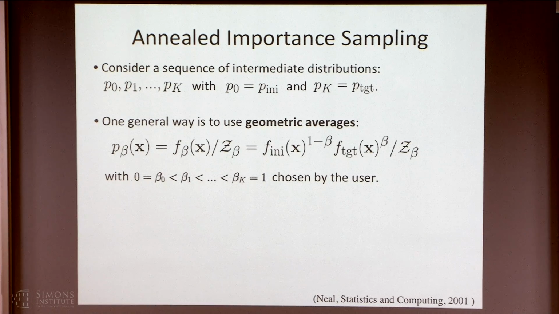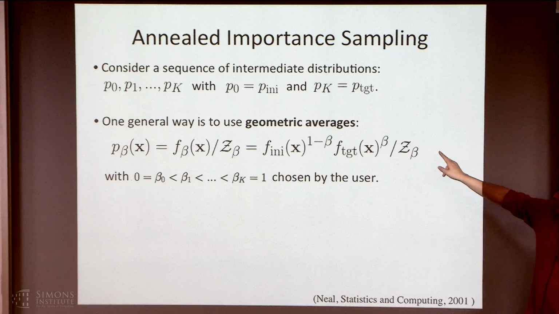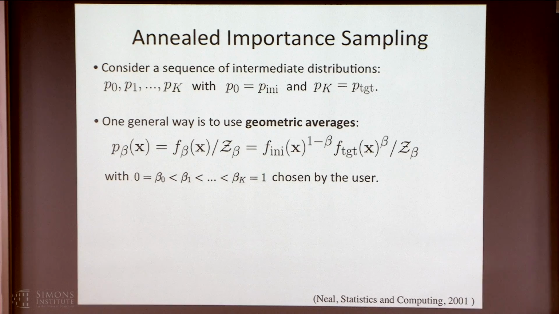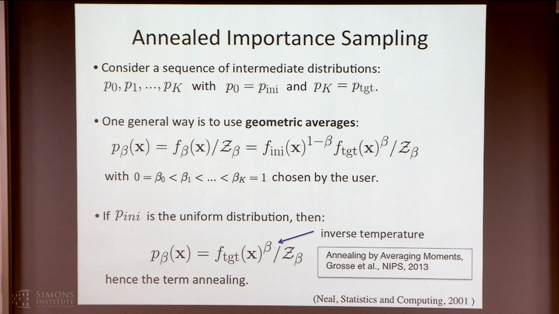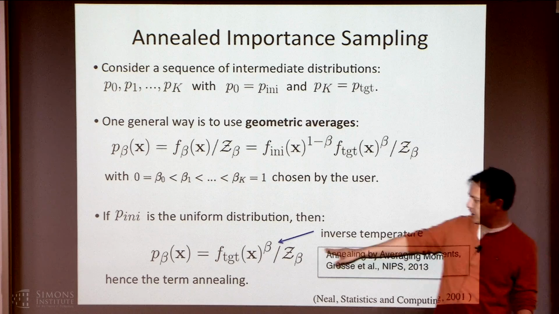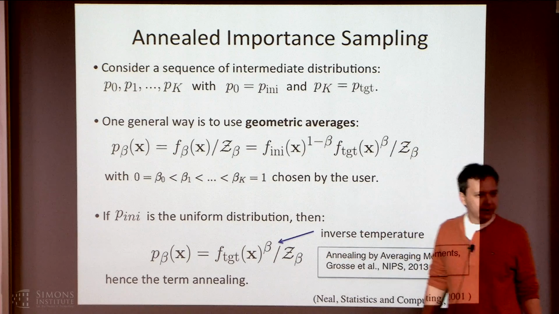One way is to use geometric averages of your simple distribution and your target distribution. You have to specify what these sequences are, what these beta parameters are. This choice has to be specified by the user. If the initial distribution is uniform, the geometric average looks like this. Hence the term annealing, where beta here is known as the inverse temperature.